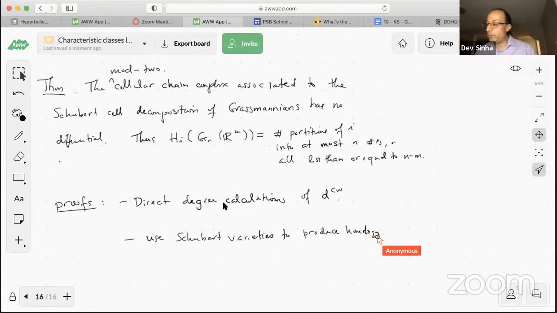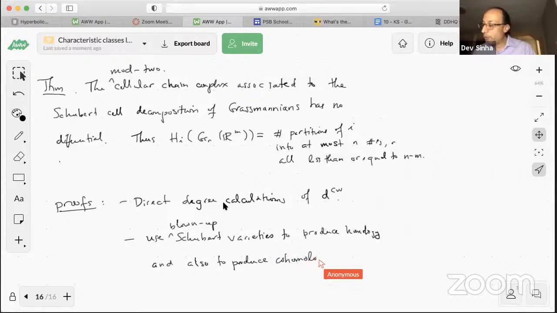So you can take, for example, a Schubert variety that was the closure of a cell that was a quotient of a Klein bottle, and you just take the Klein bottle and map it to get a homology class, and then also use them to produce cohomology through Thom cochains.